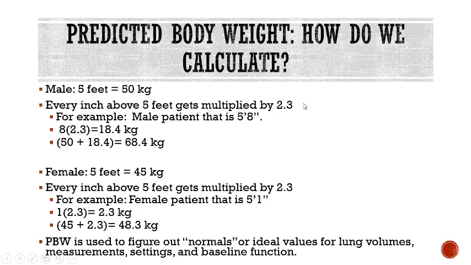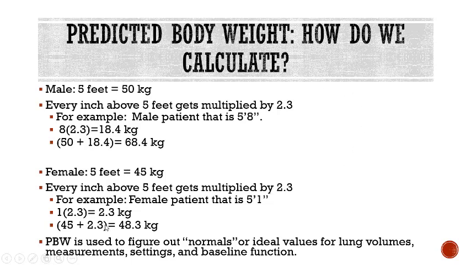The reason that we use predicted body weight instead of actual weight is because the size of your lungs is not determined by how heavy you are. The size of your lungs is determined by how tall you are, as well as your sex, so if you're male or female.